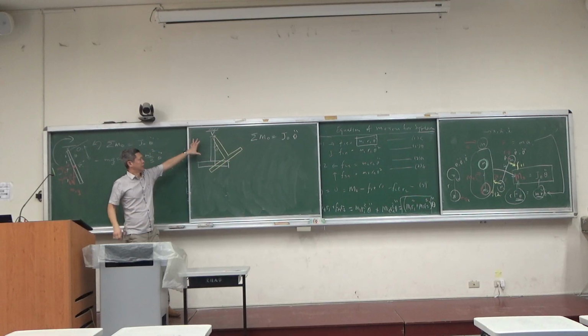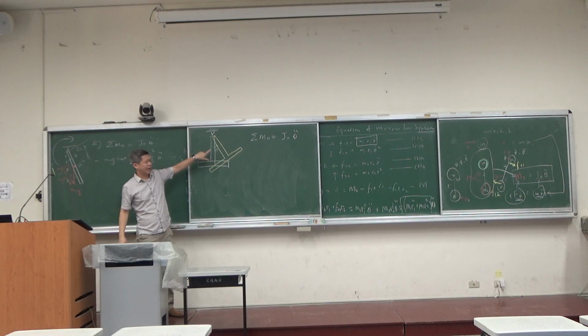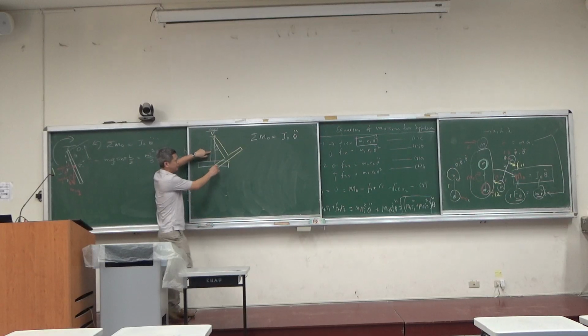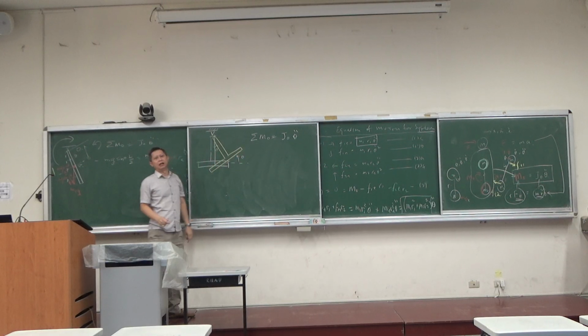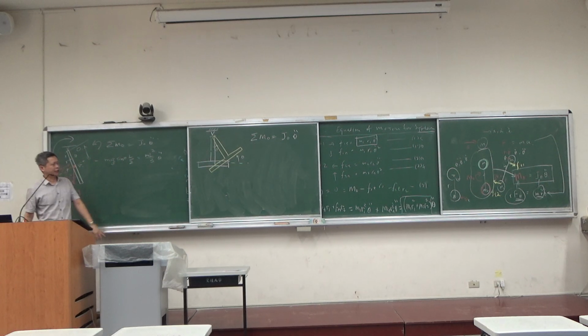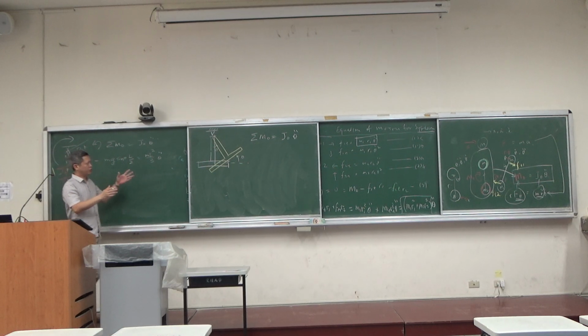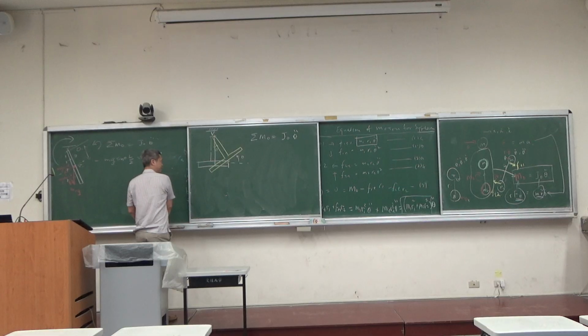Look at here. On the vertical part, it rotates by angle theta. What happened to the bottom part? It also rotates by angle theta. But now, what you can do is break it up. How do you break it up?